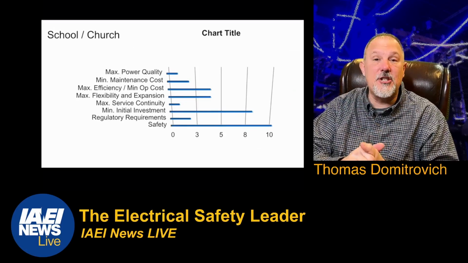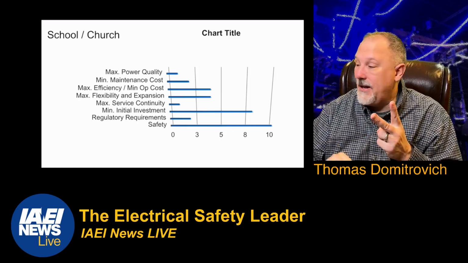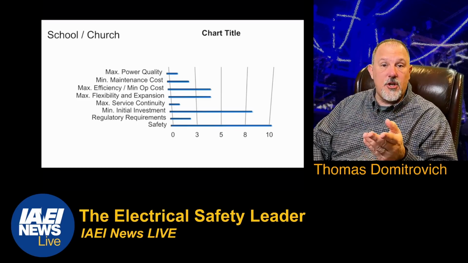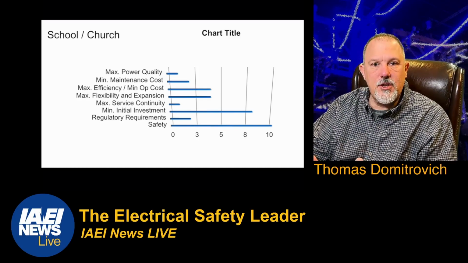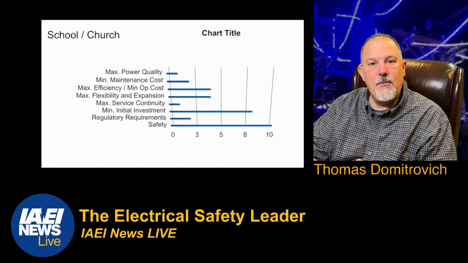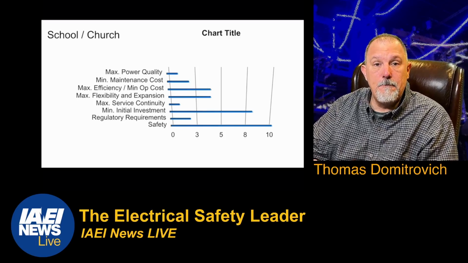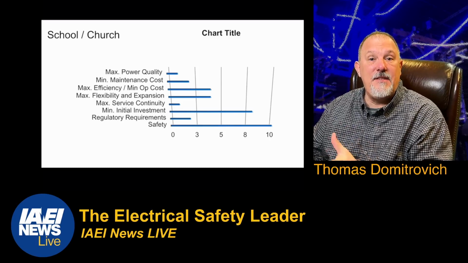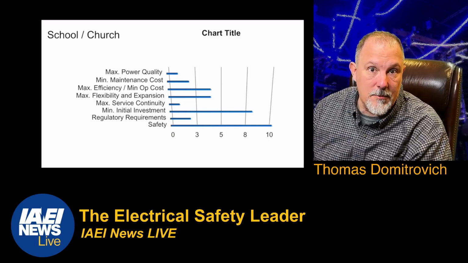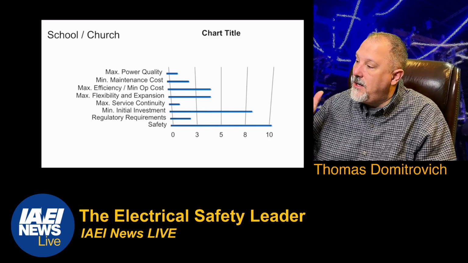You want a minimum initial investment. So you've got two competing aspects when you're dealing with schools and churches. They want safety, but yet their initial costs need to be minimal. And in many cases, you might have to design safety in because you aren't going to be able to do that after the fact.